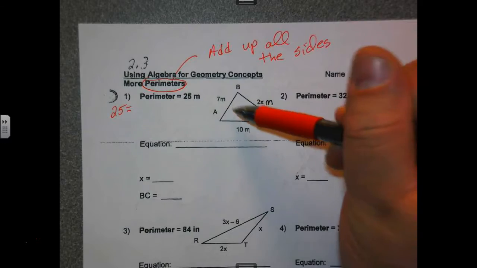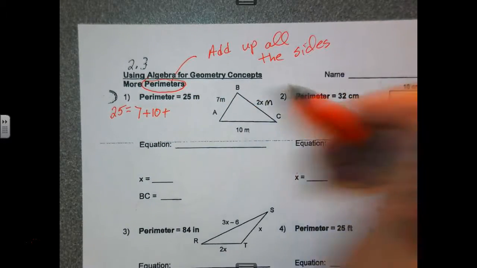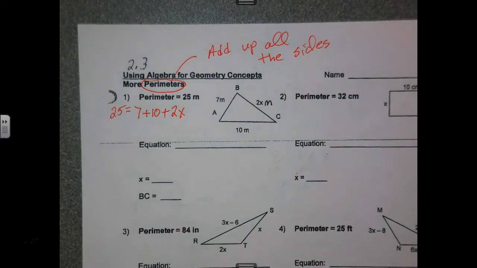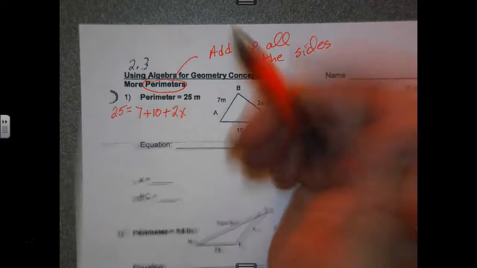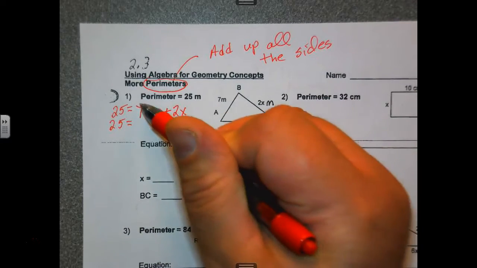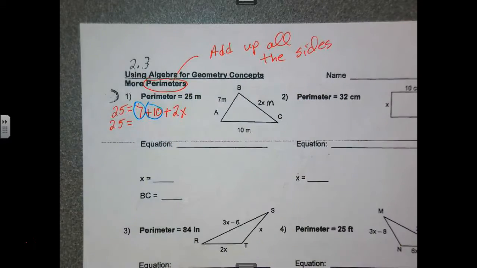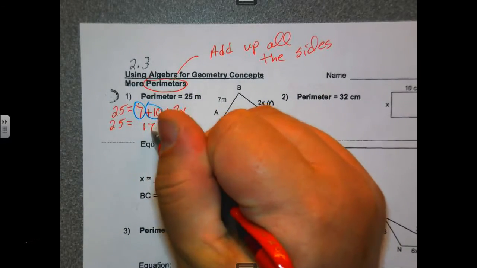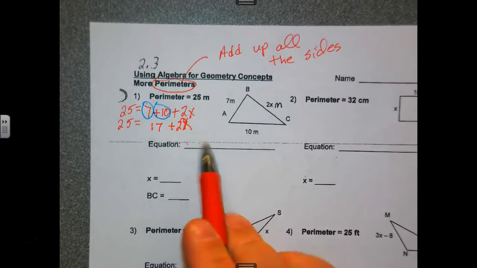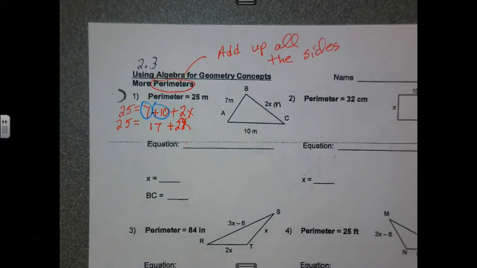Right, so we're going to take 7 plus 10 plus 2x. Yeah, the first couple of years I did this, I kept forgetting about that. So I get 25 equals, I can combine the 7 and the 10, 17 plus 2x. Oh, I guess I was supposed to put it there. So subtract 17 from both sides.